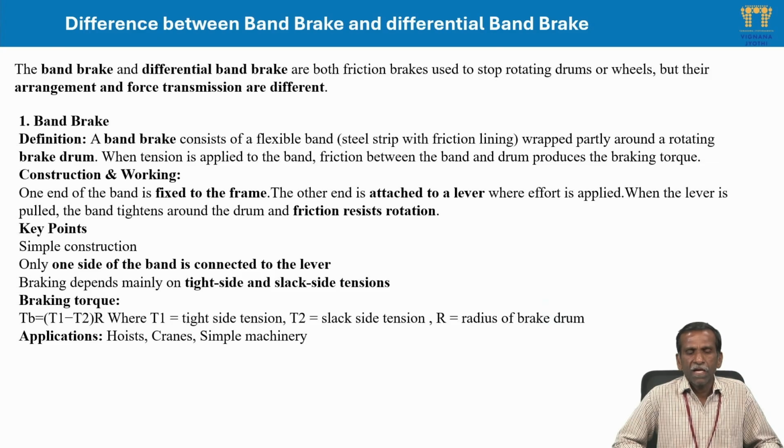The braking torque and tension ratios, all these we have seen, applications also we have seen already. And the tension ratio T1 by T2 equals e to the power mu theta, where T1 is the tension on the tight side and T2 is the tension on the slack side.